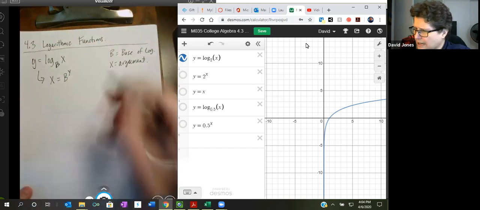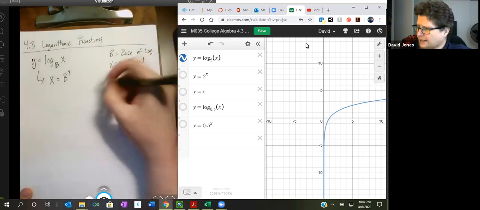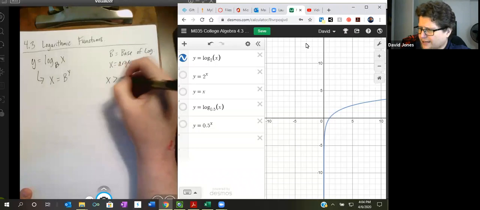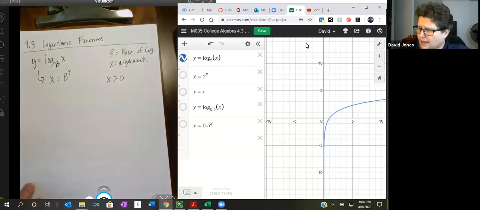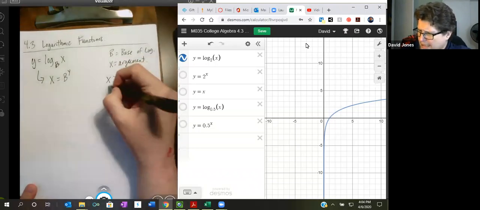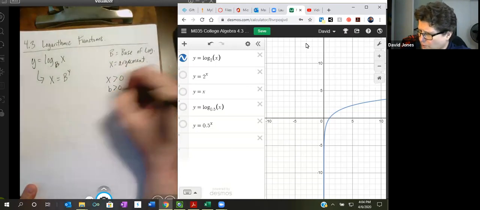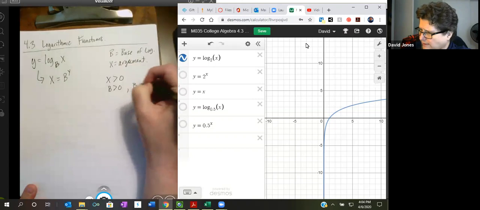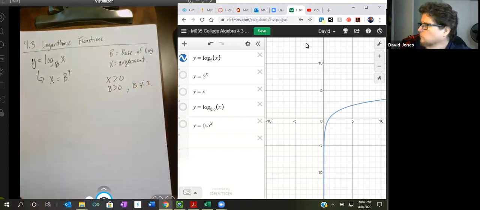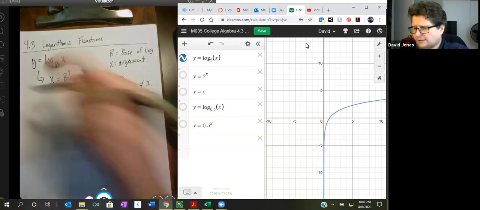Now, in y equals log base b of x, we want x to be greater than 0. And we want our base to be positive as well, and we also want it to not equal 1. And what does this mean?